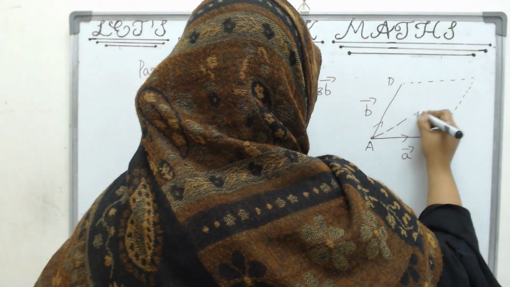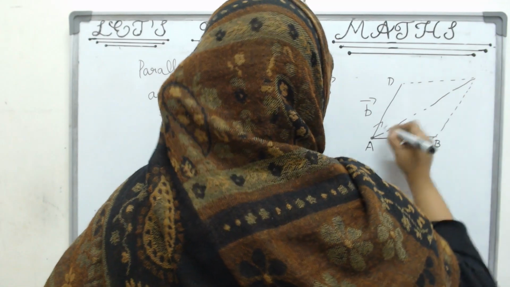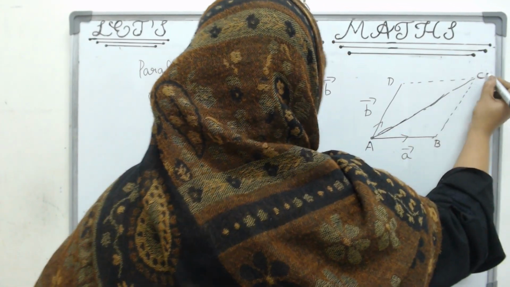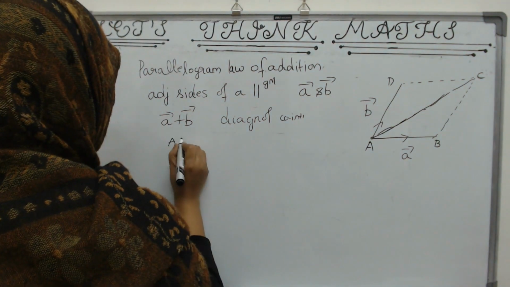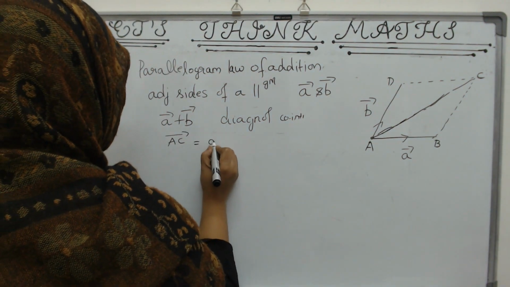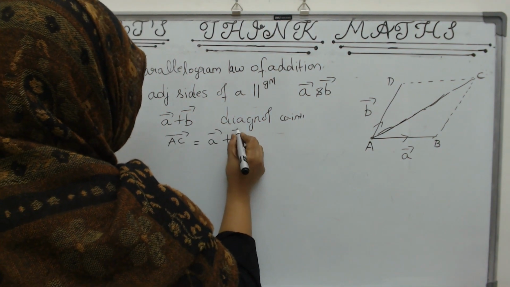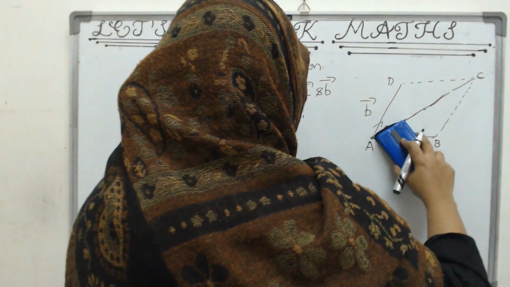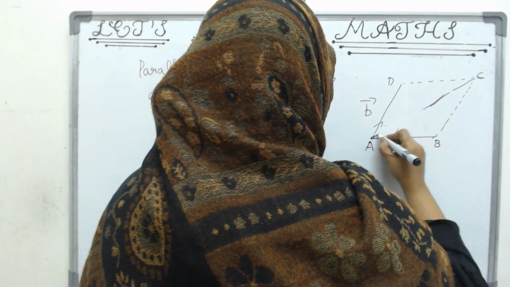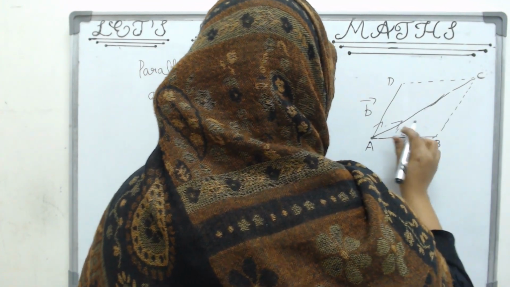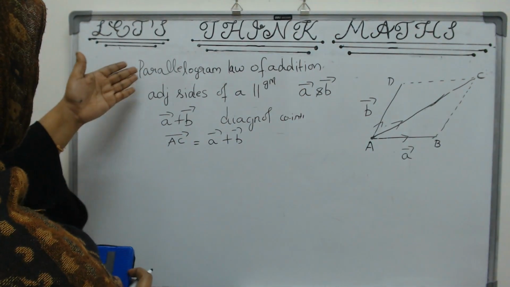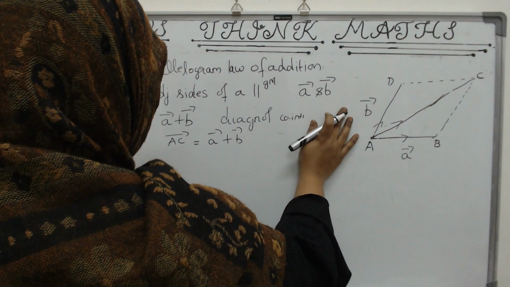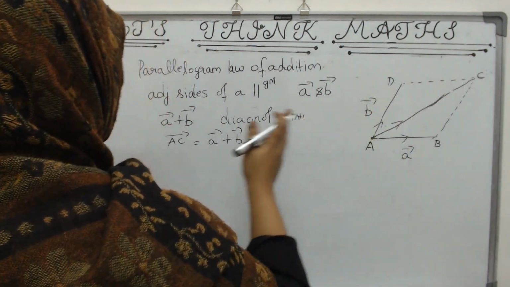A. So take this diagonal, let us name it C. So AC is actually A plus B, and all of them have the same initial point, right? So this is what your parallelogram law of addition says. Two adjacent sides, the diagonal gives their sum.